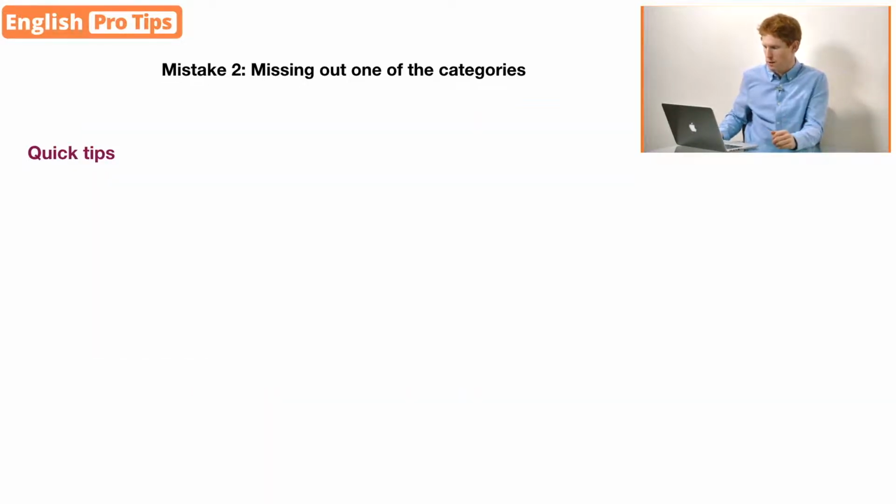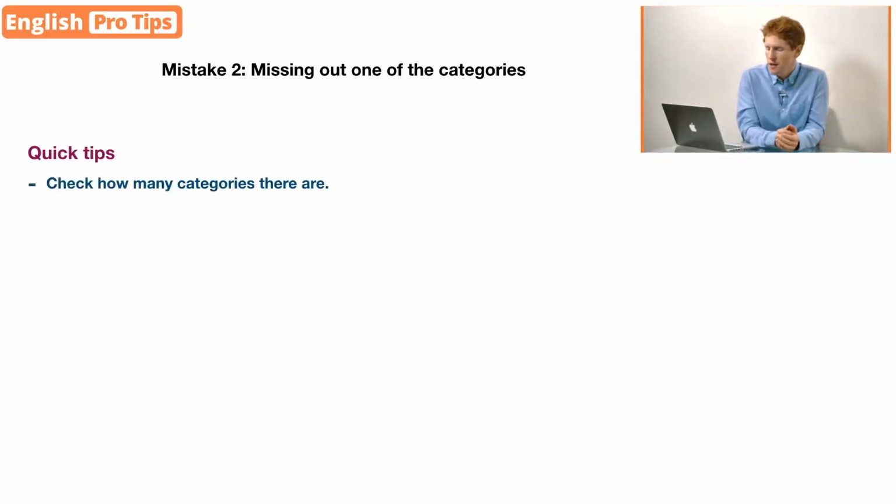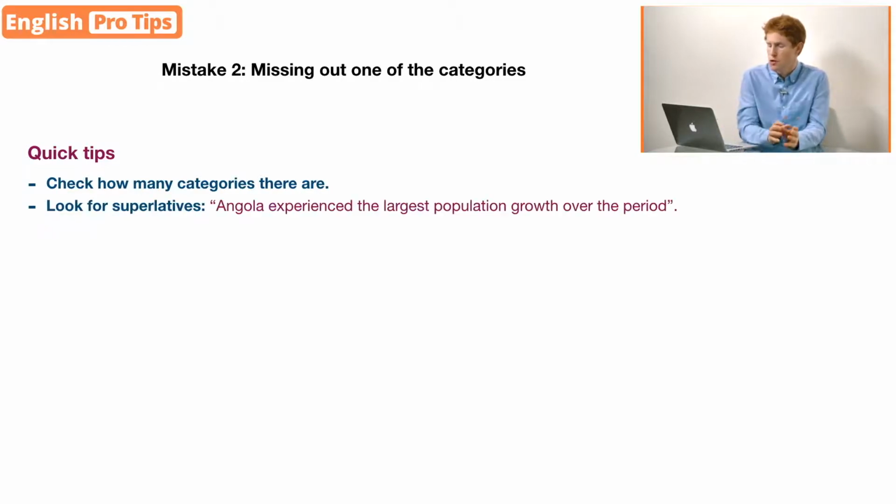Let's look at some quick tips. So when you're analyzing the graphic, look, how many categories are there? In this case, there are 8 countries that we need to mention. Look for superlatives. So we saw that Angola experienced the largest population growth over the period.